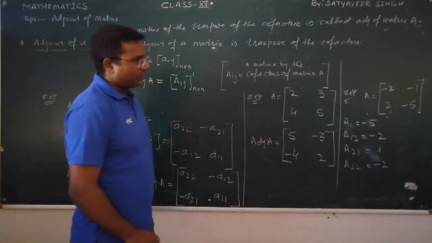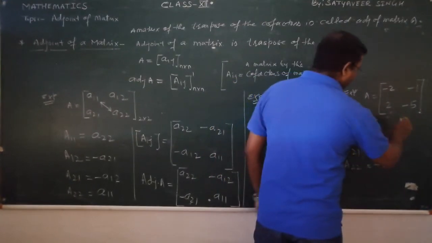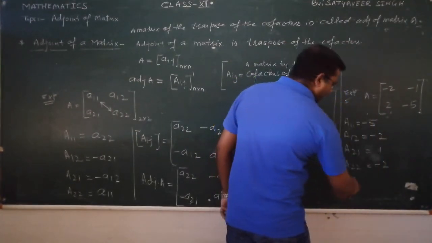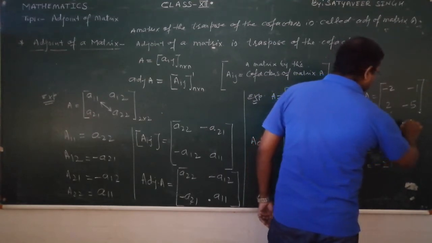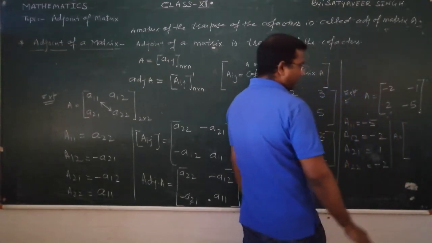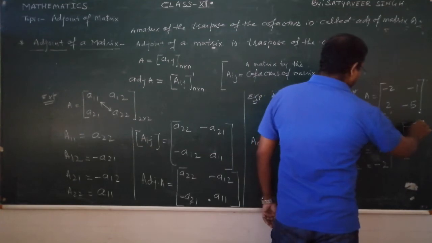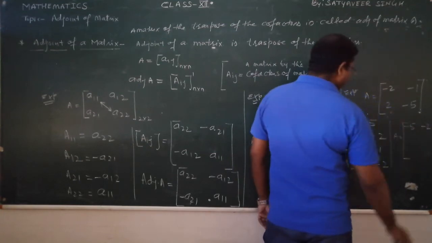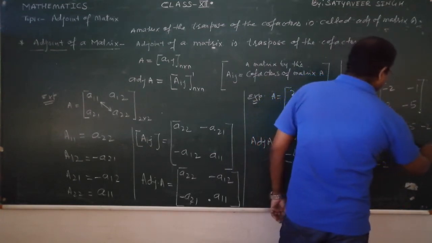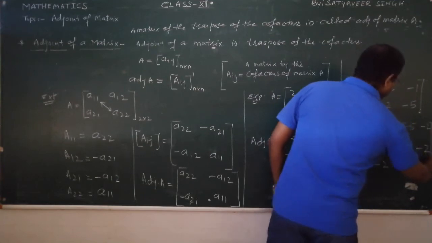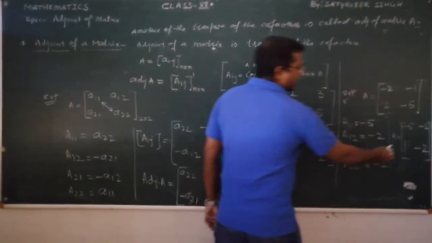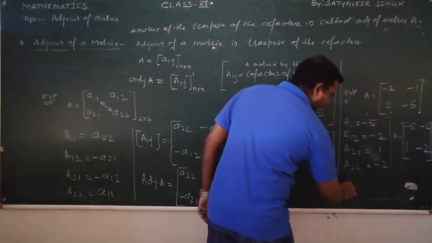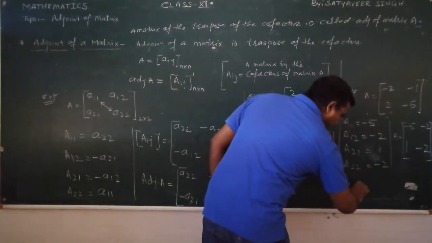See now, if you will write a transpose of this element, first of all you will write that in the form of a matrix. These are the matrix of the cofactors: minus 5, minus 2, 1, minus 2. Now I will transpose these elements. So what is adjoint A?